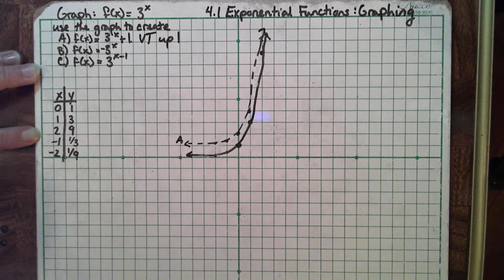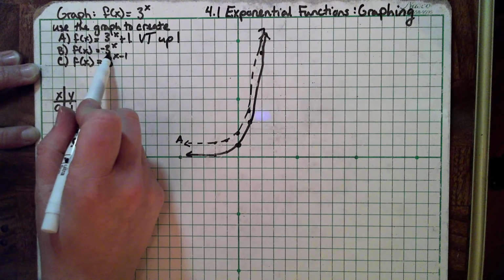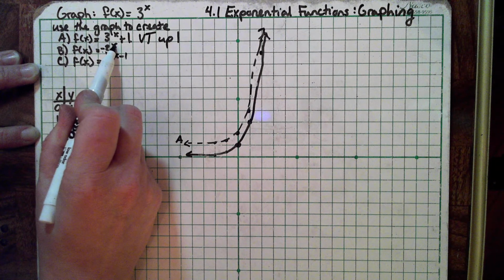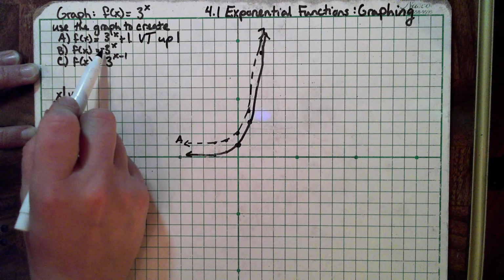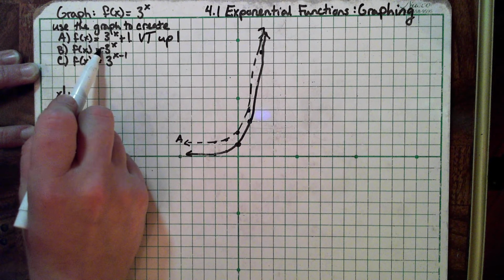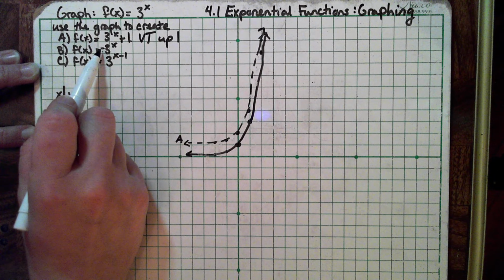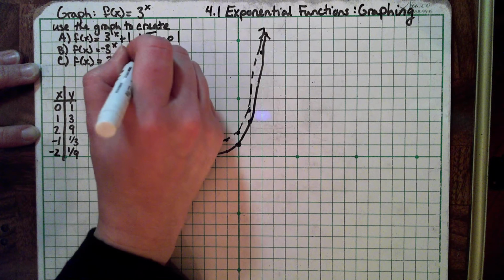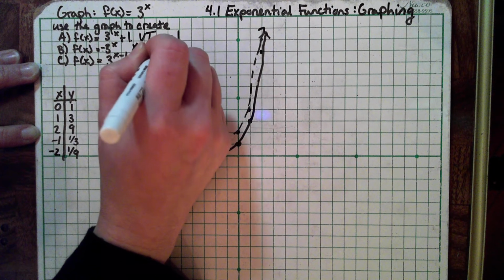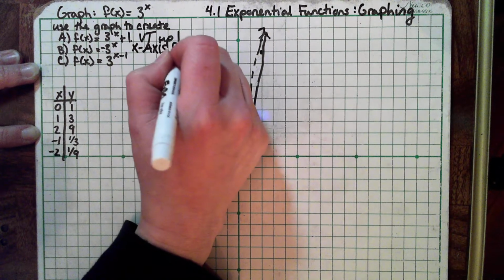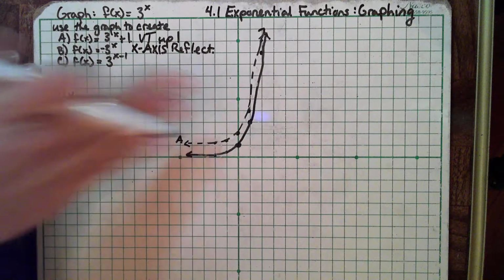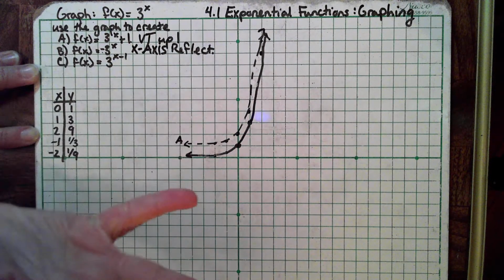Okay, now for B, they gave me -3 to the x. Notice this is not happening to my variable, so it's not a horizontal change. This is a vertical change, and the negative sign means a reflection. So it's a vertical reflection, also known as an x-axis reflection. So that means each point for my parent function is going to be flipped over.